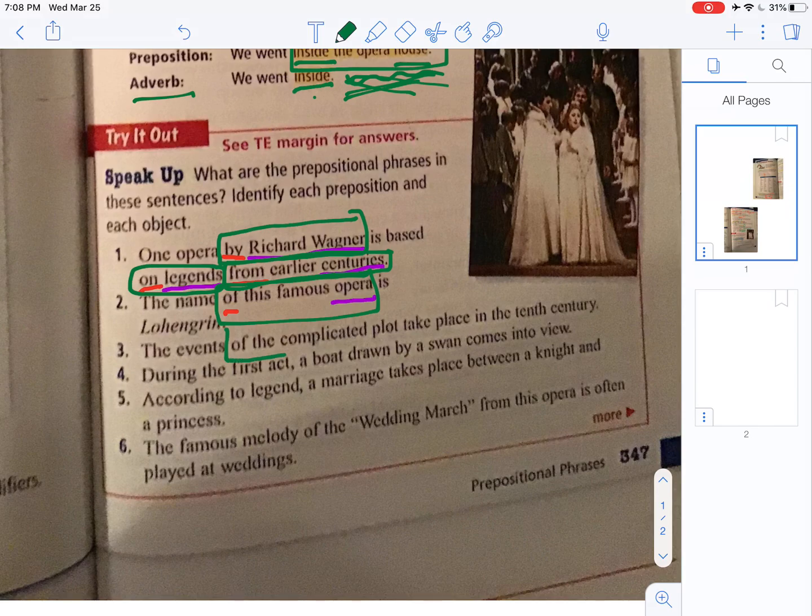The first one is of the complicated plot, and the second one is in the 20th century, with of being my preposition, plot is my object, so my whole phrase is of the complicated plot. And in this one, in is my preposition, century is my object, and in the 20th century is the whole prepositional phrase.